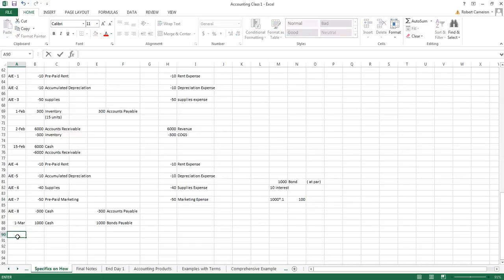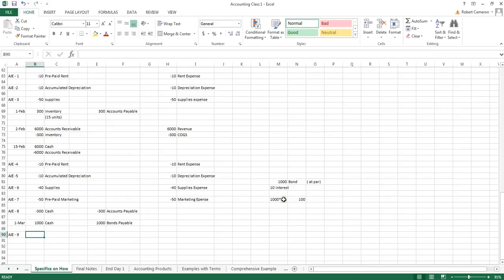So adjusting entry, well, actually, we're on 9. 9 for the bond. Again, I'm really just showing you everything in relation to the bond. There'd still be a lot of these other adjusting entries. But we have $100 essentially accrued.